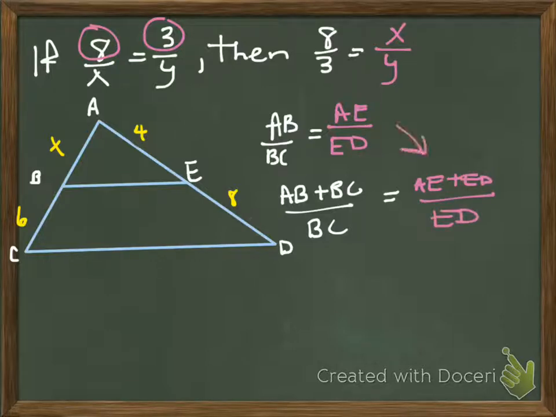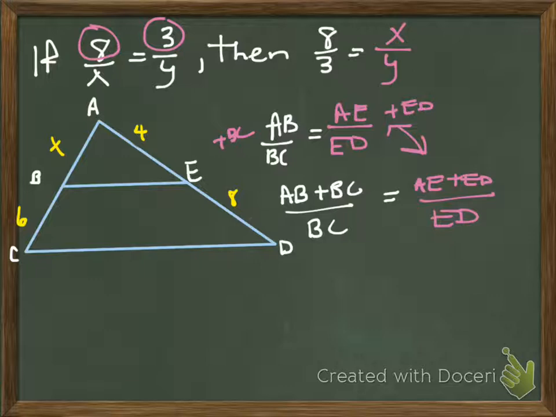So especially if you compare these two together, all we did was add the denominator to the numerator on both sides. So basically we put plus BC over here and plus ED over there.